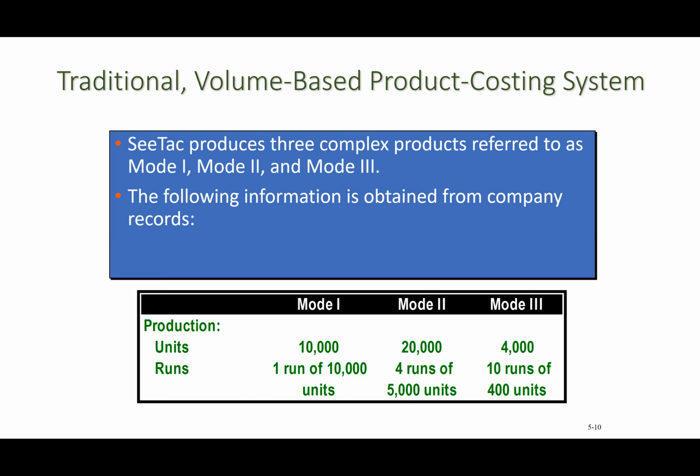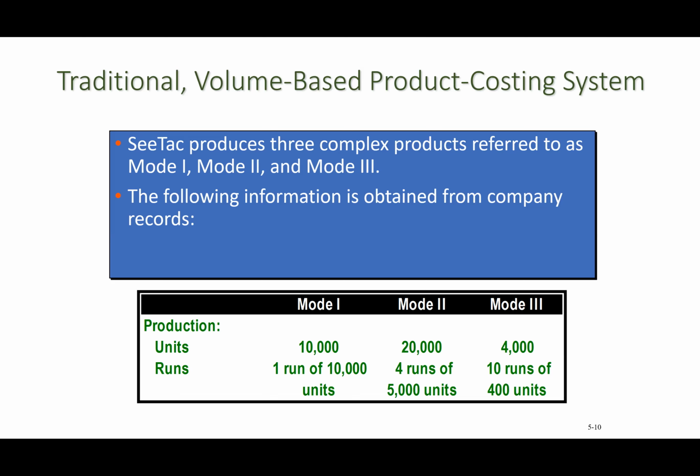So you only engage in one production activity versus 10 different activities for Model 3. If each production run costs us a certain amount of money, obviously it's going to cost us more to run the production of Model 3 versus Model 1, right? Same thing, Model 2, 4 runs, Model 3, 10 runs. You get my point, right?